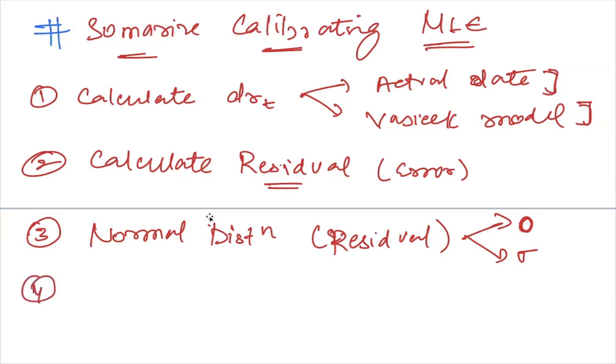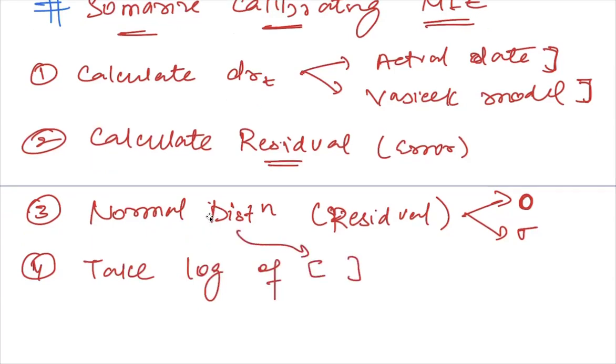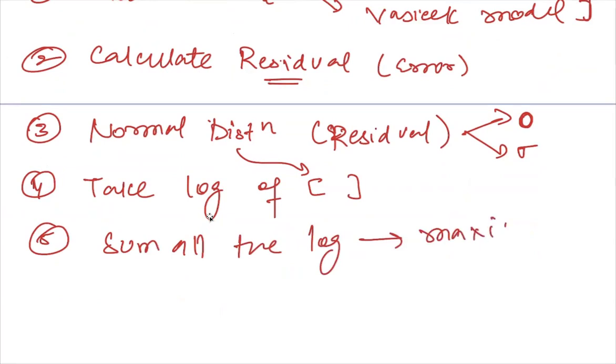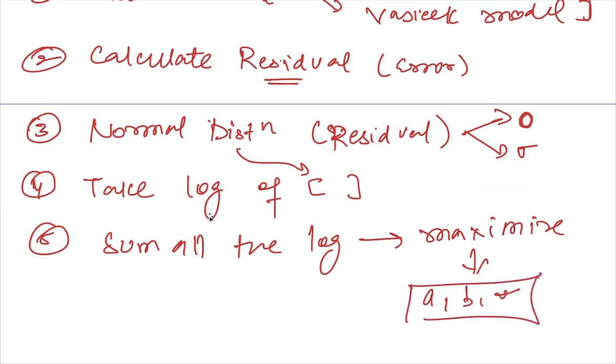And the last step is to take the log of whatever value you have got using the normal distribution, and sum all the logs, right? And try to maximize this sum by changing the parameters a, b, and sigma. And that's how you perform a calibration of the Vasicek interest rate model using MLE.